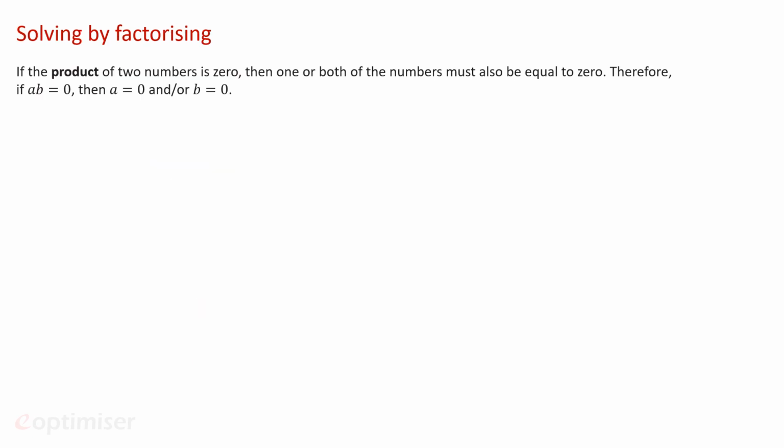So generally you can solve a quadratic by factorizing if possible. If you have two products, a into b is equal to 0, either a can be 0 or b can be 0. So for factorizing, you have to make it as two products.